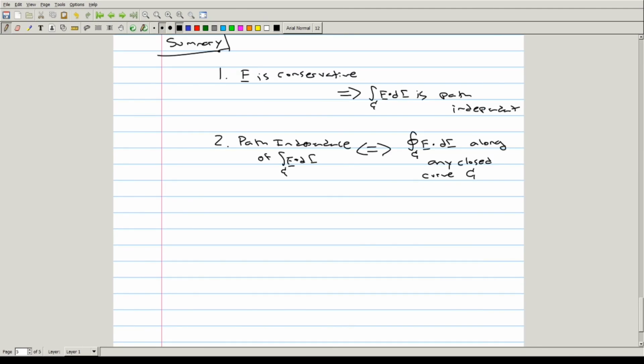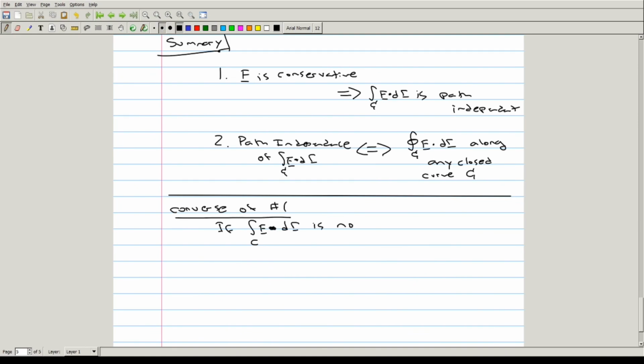But even this is enough to write down the logical converse of 1. The converse of statement 1 would be that if the line integral of f dot dr is not path independent, then f is not conservative.